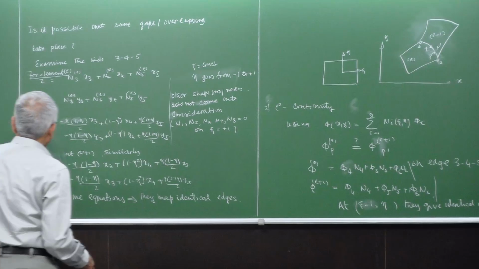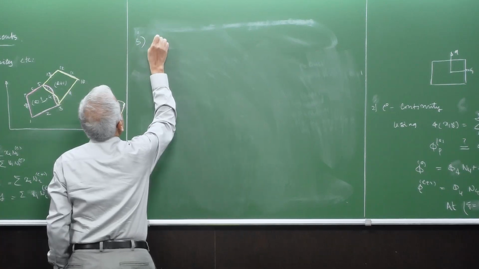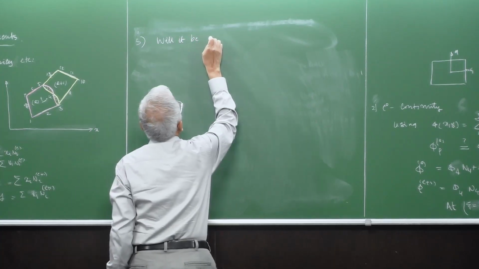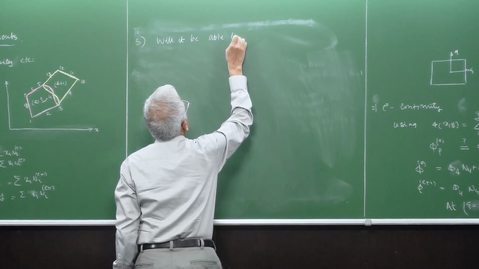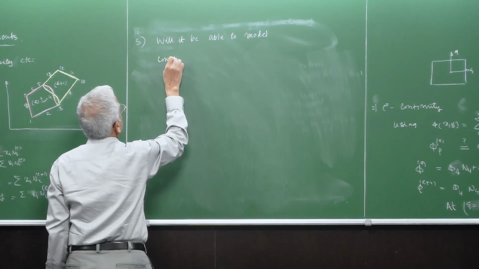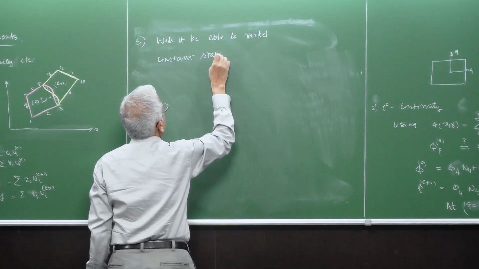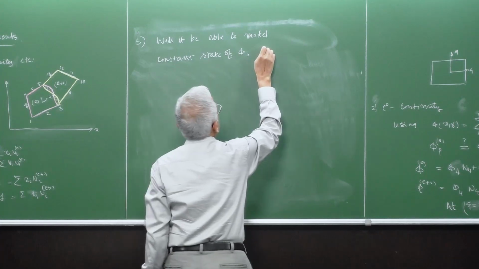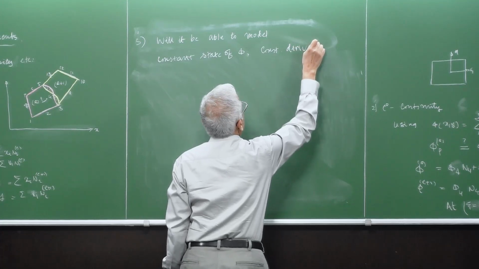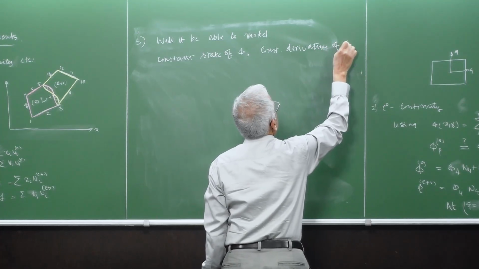Quickly, there is another small issue. The third question here is, will the element be able to model or simulate a constant state of phi and a constant derivative of phi, the first derivative?